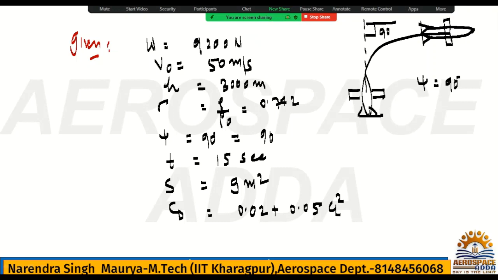This value you have to convert into radians, because it is in degrees here. So you know that you just multiply by pi upon 180. So it is nothing but pi by 2. This is now in radians. Hope you understood this.